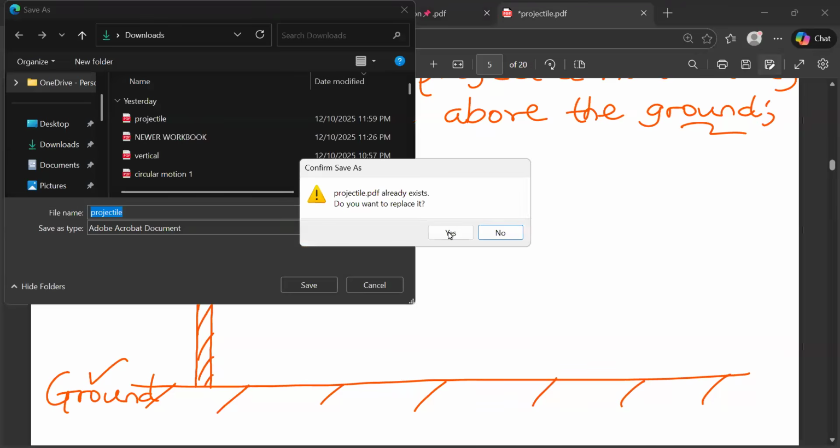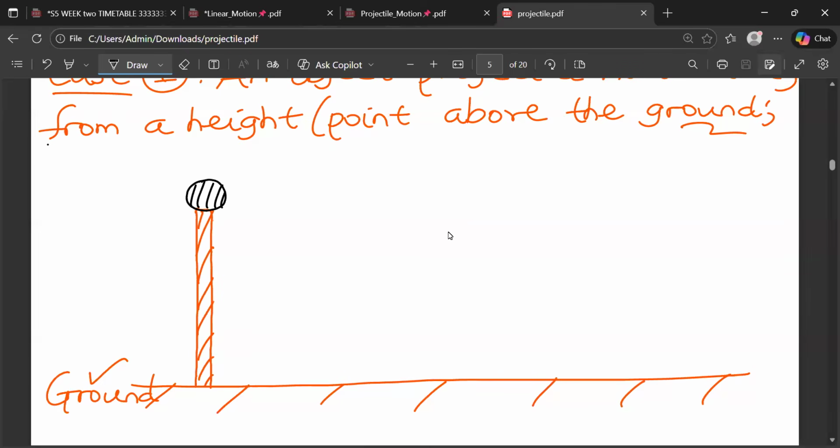I think you can see that that is our point above the ground, and you can see the ground and where our ball is.